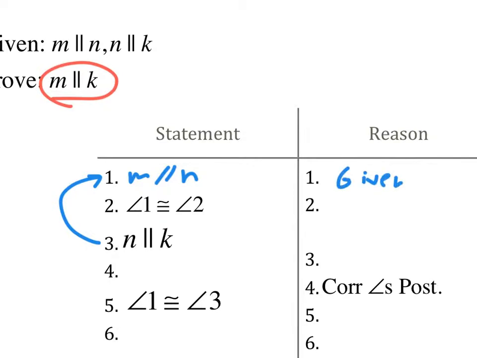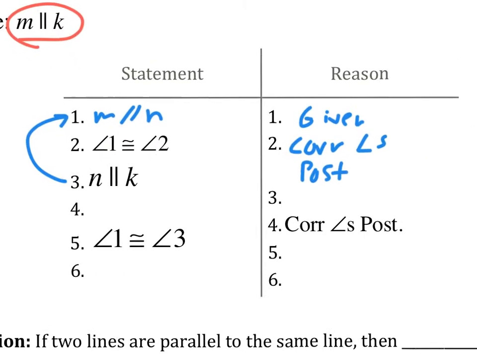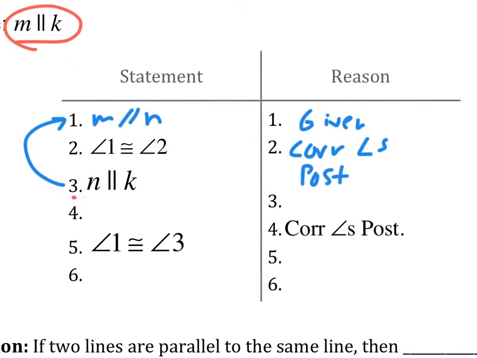All right, so since I have parallel lines, why is it that I have congruent angles? So we could call this the corresponding angles postulate, or you could say parallel lines cut by a transversal, then corresponding angles are congruent. Now, N is parallel to K, and that one's given. Why did I write it here? Because I'm going to use it now.